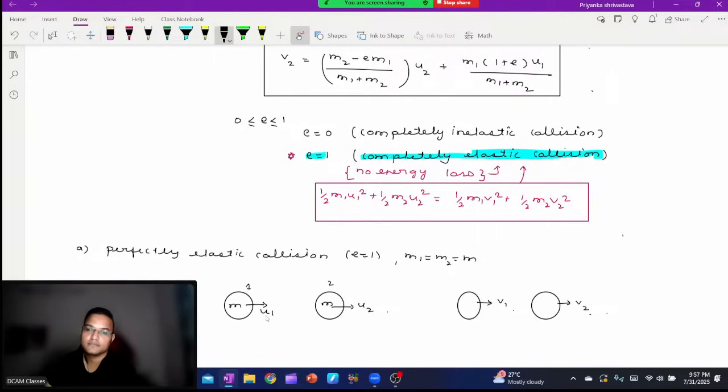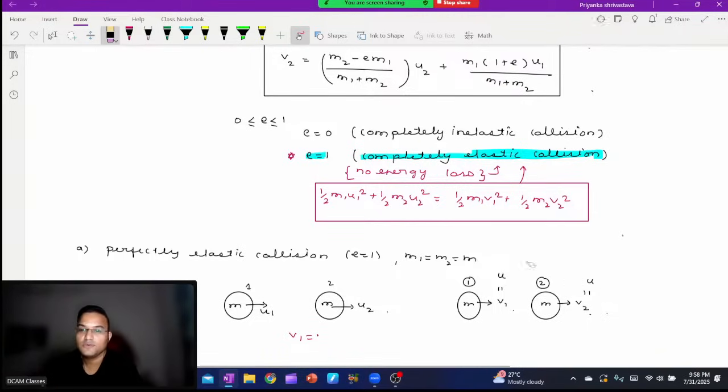V1 will be equal to U1, and V2 will be equal to U2. Now, what is happening now? This is the first ball, this is the second ball. In a perfectly elastic collision, when the balls have the same mass, their velocities get interchanged. No, I wrote it wrongly.